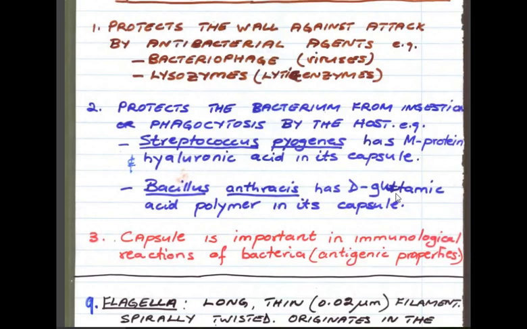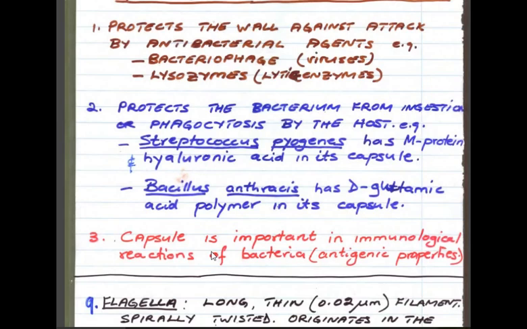It's just like saying, if for example you have something wrong with your face, you are not putting it there so that people can know you. It's just because you have that, then people know it is you. So that is what I'm trying to say. So the capsule is important in immunological reactions.